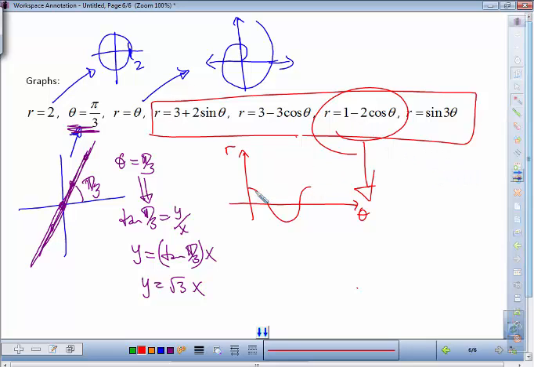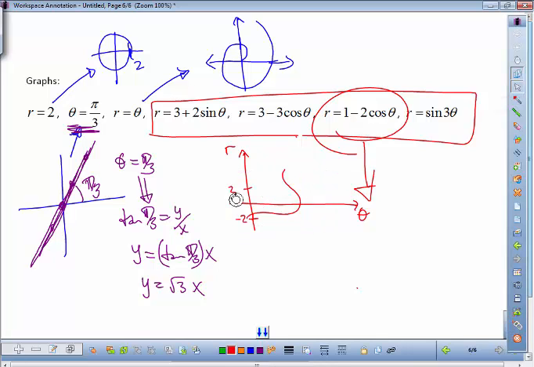Now the 2 in front just makes it extend, changes the amplitude, and then the negative reflects it about the y-axis. And then add 1 to it, so move up by 1.